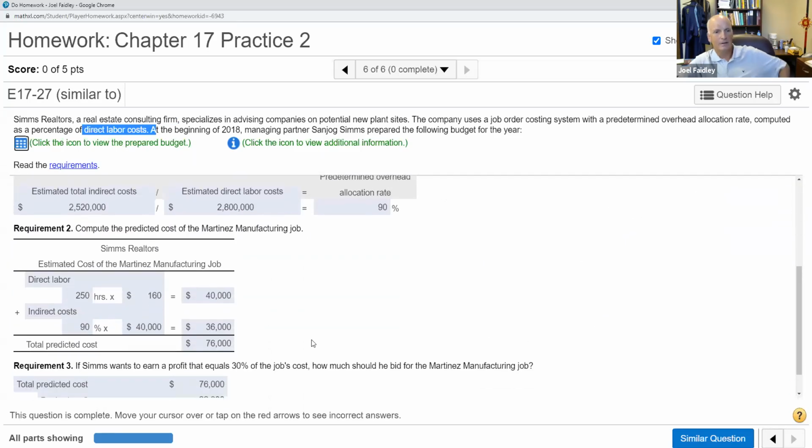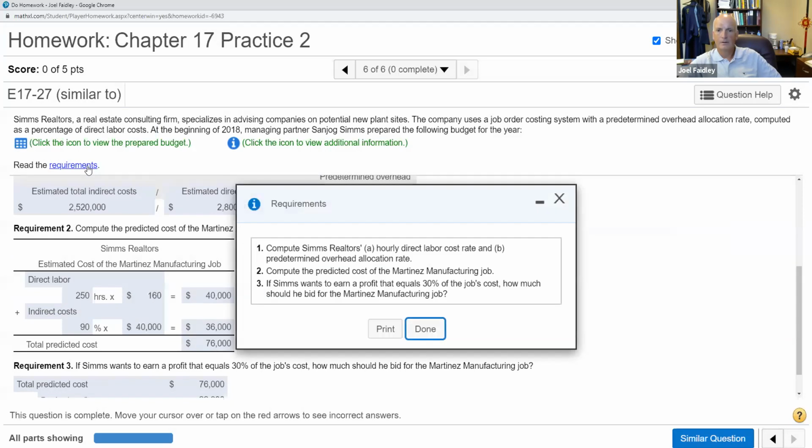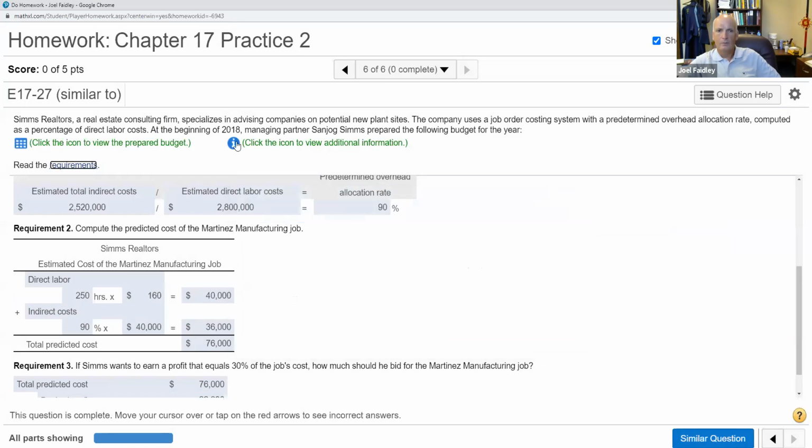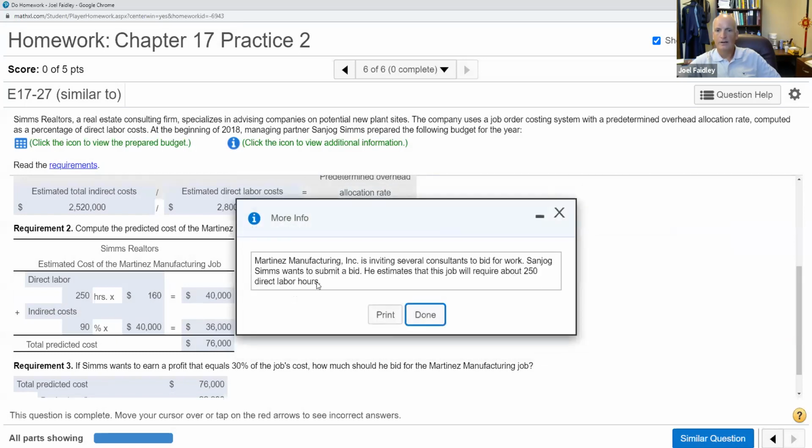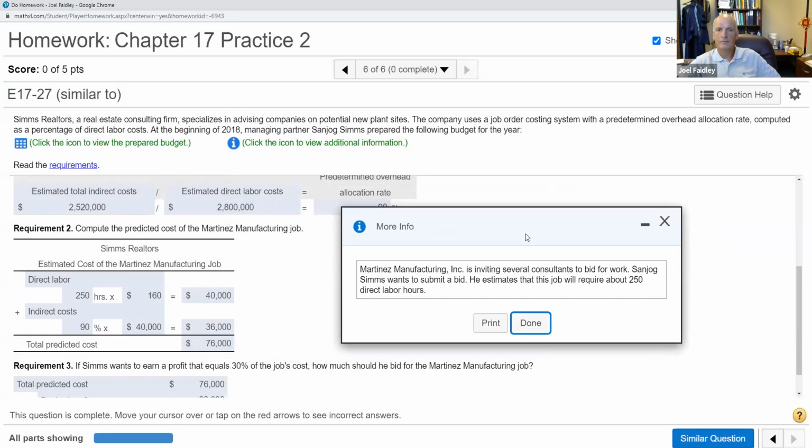All right, so what does this look like based on this particular project, which is, what was it, 250 direct labor hours right there. 250 times 160 is going to be my direct labor. And once I have my direct labor, 90% or 90 cents on the dollar is 36,000.